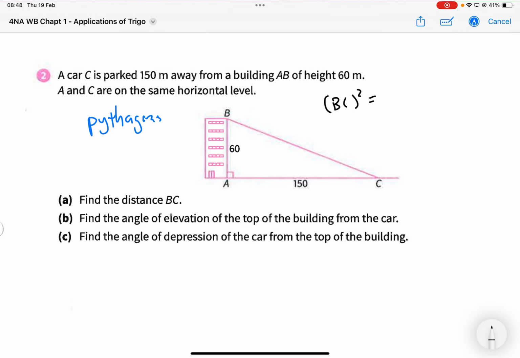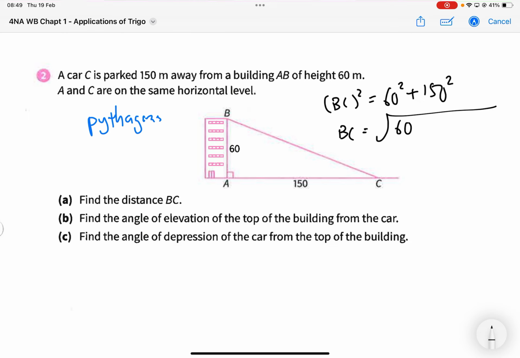So this one is the longest. So longest square is the other two square and added together. The two shorter sides, which one comes first, which one comes behind, never mind. Just that the longest side is always special by itself. I think it's easier to remember like that, instead of remembering A, B and C.